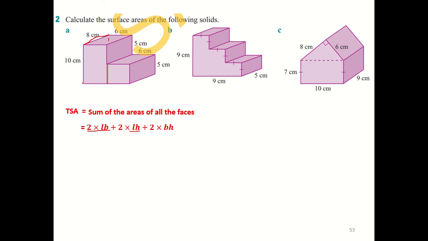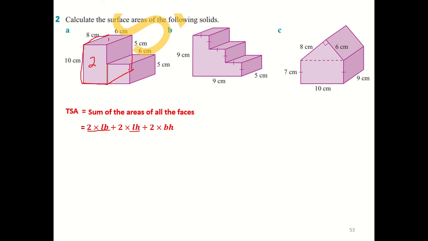And then I'm going to take this and times it by that. It'll give me this area, and I will multiply that by 2 because there's two sides of that side. And then there's this side here, which is simply length times height.